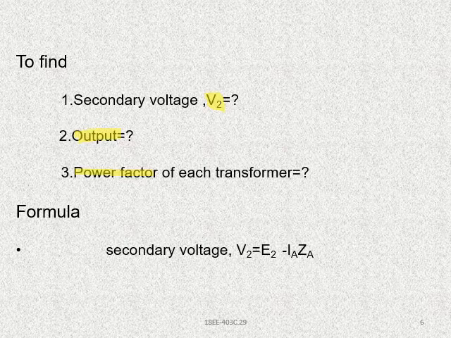The formula for the secondary voltage V2 is E2 minus IA ZA.